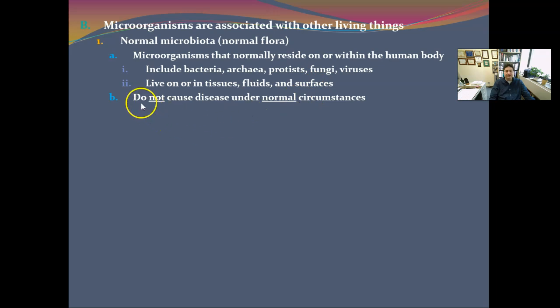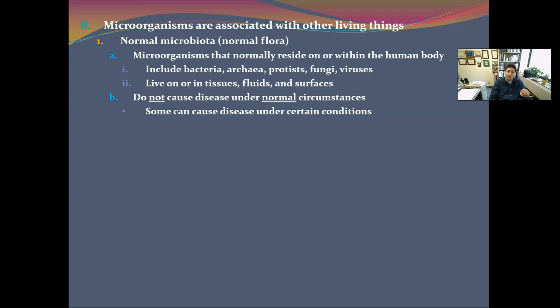Now, the good news is these normal flora do not normally cause disease. So under normal circumstances, they don't cause disease, but some of them could cause disease under certain conditions. And again, we'll revisit that a little bit later in the course.